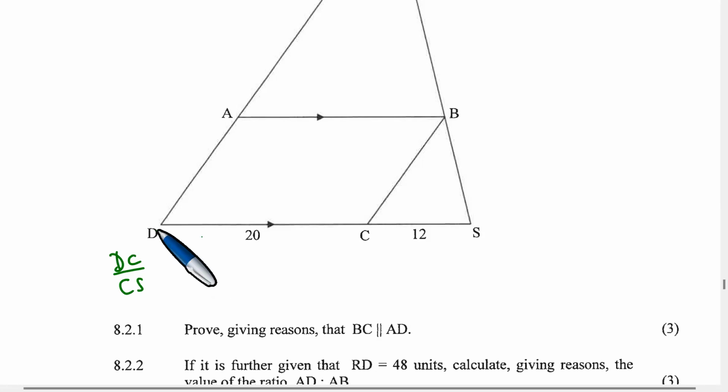This ratio of DC to CS is 20 out of 12. And 20 out of 12 is equal to what? You divide by 4, which is 5 out of 3.